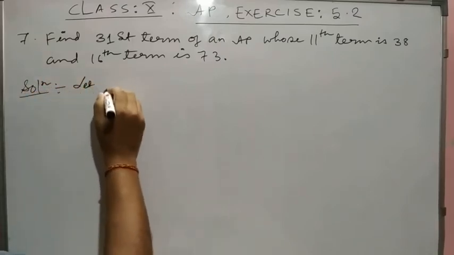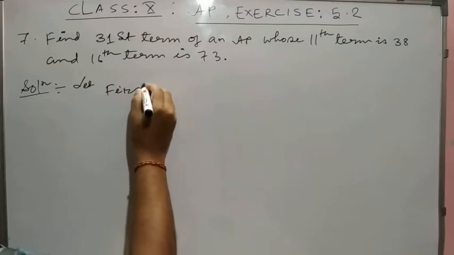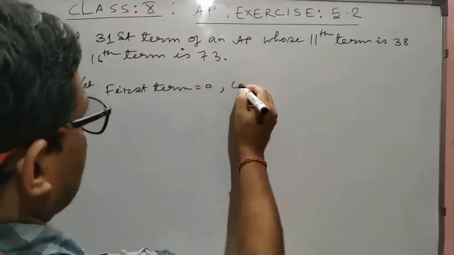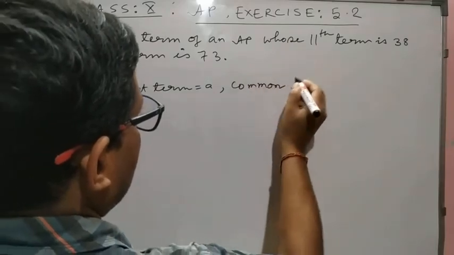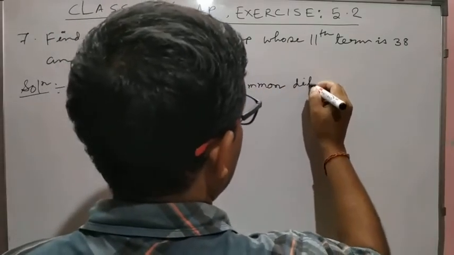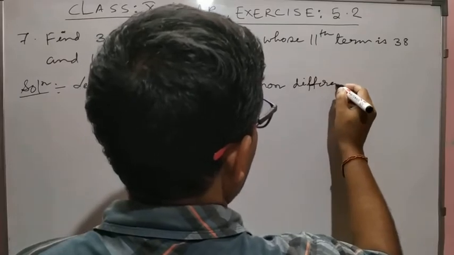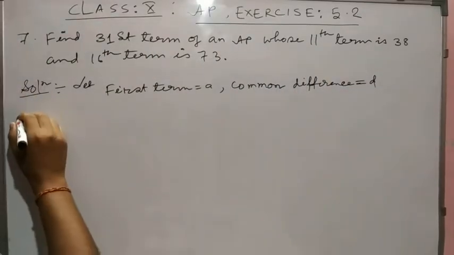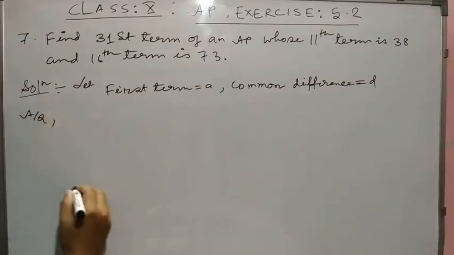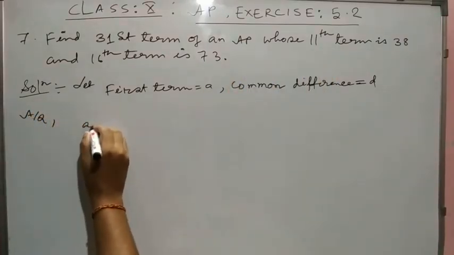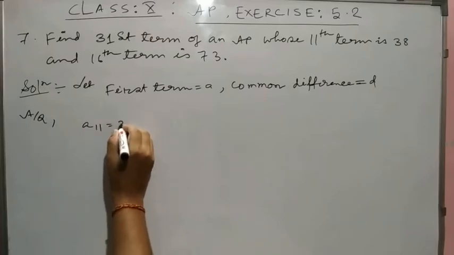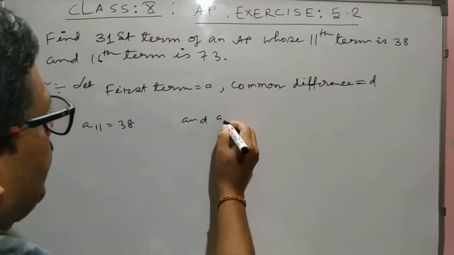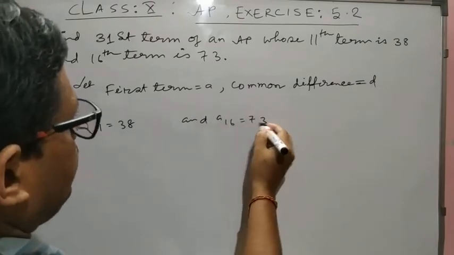Let first term equal to A, common difference equal to D. So according to the question, 11th term A11 is 38 and 16th term A16 equal to 73.